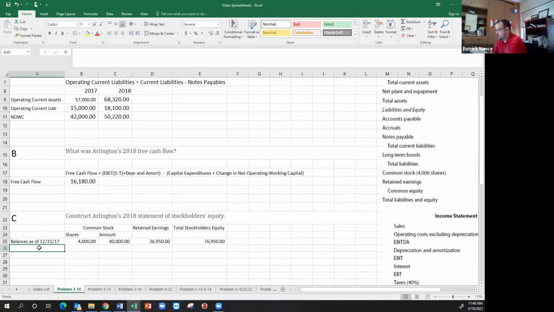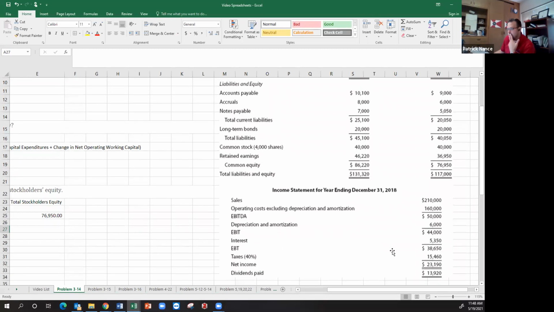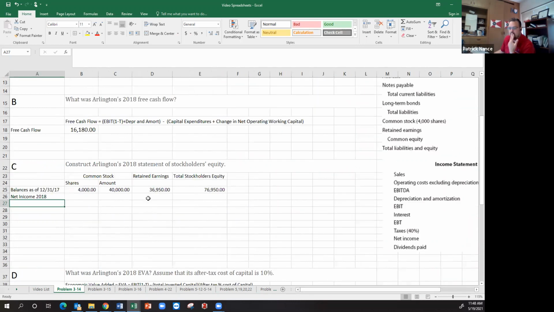So what was my net income? 2018, I believe this company did have a net income, and it was 23,190. So that would go into my retained earnings. And then we also paid some dividends, cash dividends specifically.